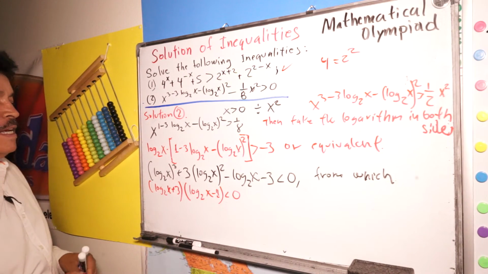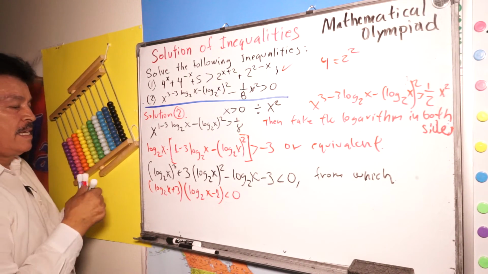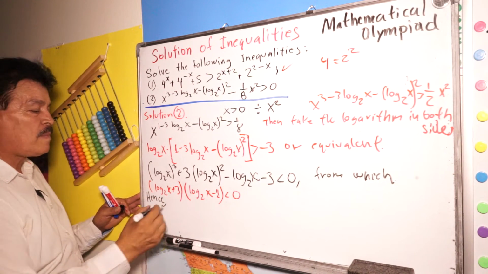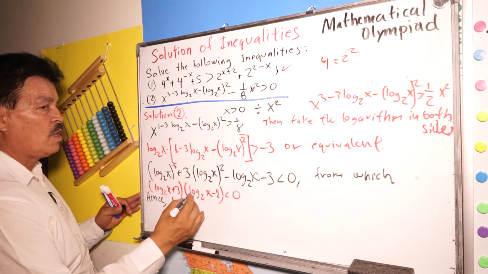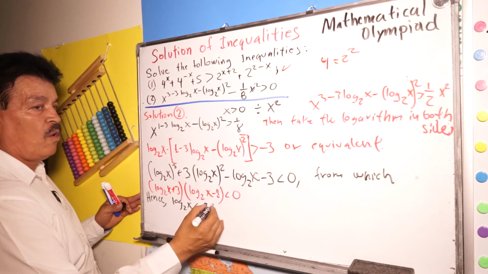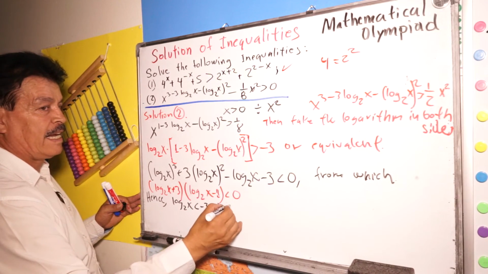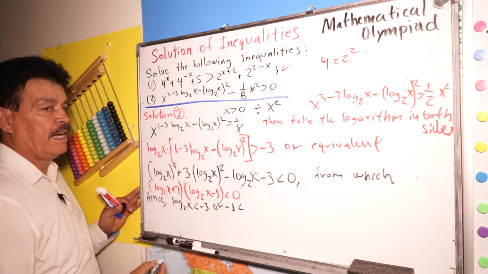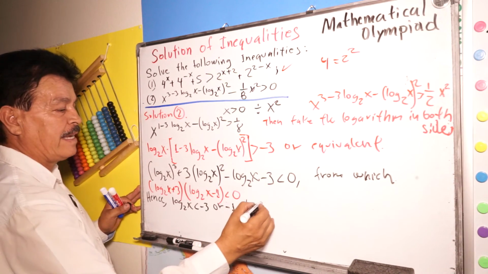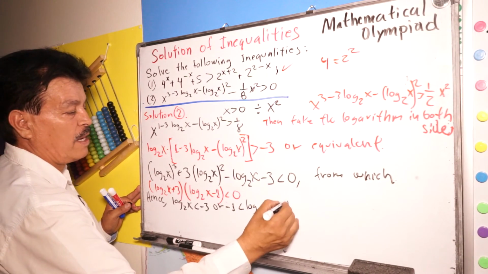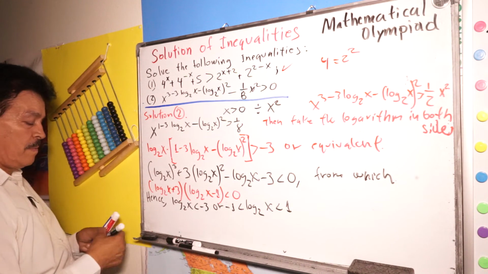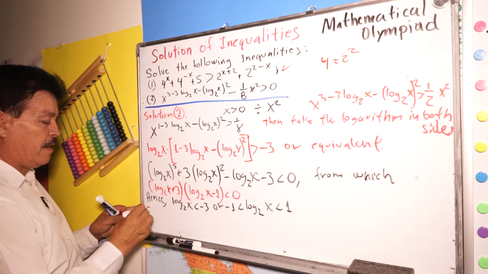Hence log 2 x is between -3 or -1, less than log 2 x minus 1. So therefore, we are almost finished.